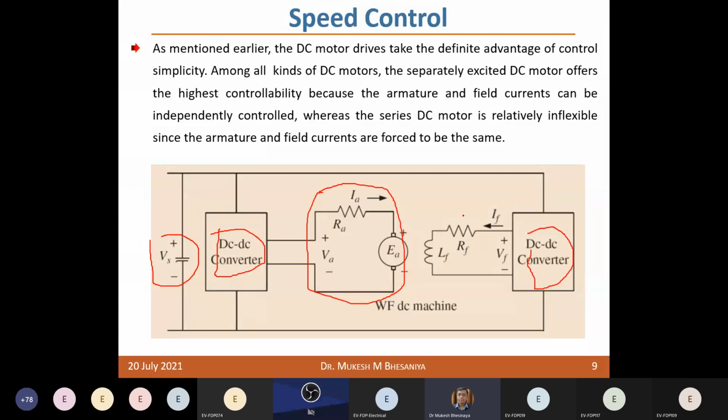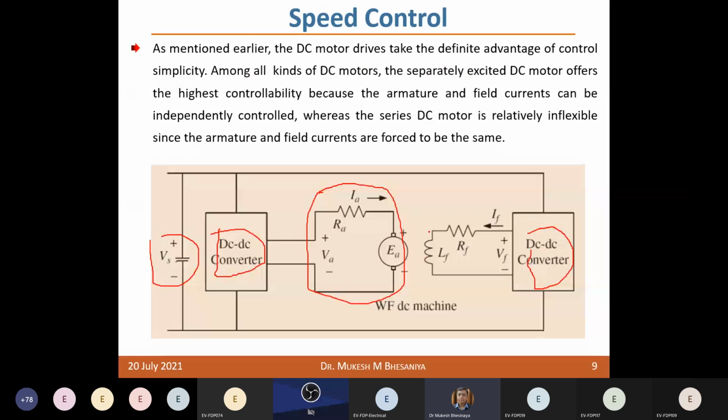By changing the armature voltage or the field flux, you can have a different speed-torque characteristic. So speed can be varied by either changing the armature voltage or the field voltage.